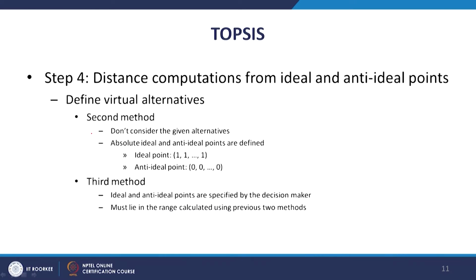However, we have to take care that these numbers that we take from the decision maker lie within the range computed by the previous methods. If you see, the range is typically going to be 0 and 1. So, in that sense, these inputs provided by decision makers should lie in this particular range. So, let us move forward.